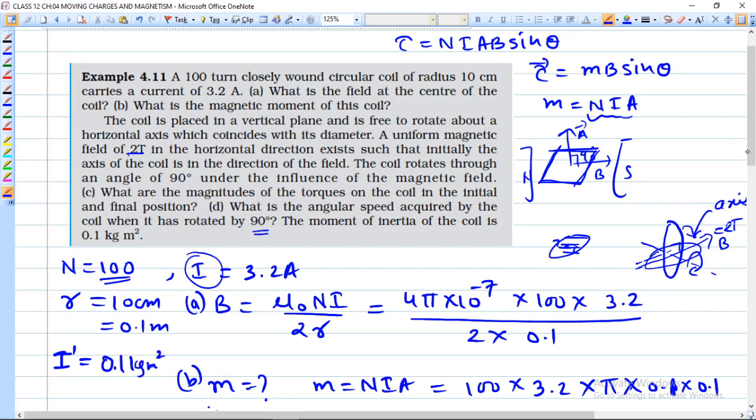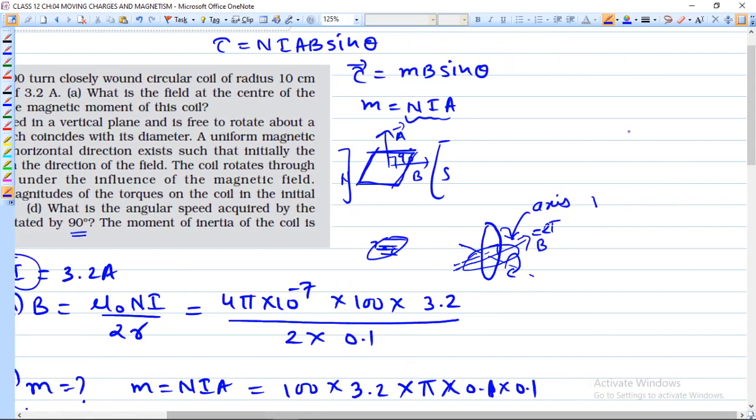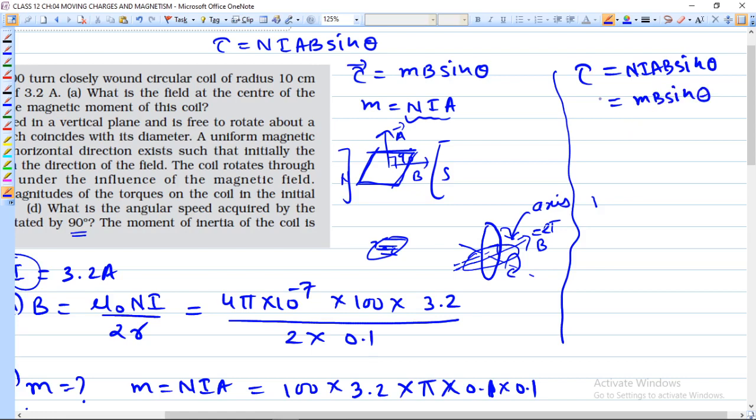So this is a very interesting question. I will calculate here, and this type of question may be asked in competitive exams. See here carefully. Torque is equal to NIAB sin theta. I will write MB sin theta. Got it?